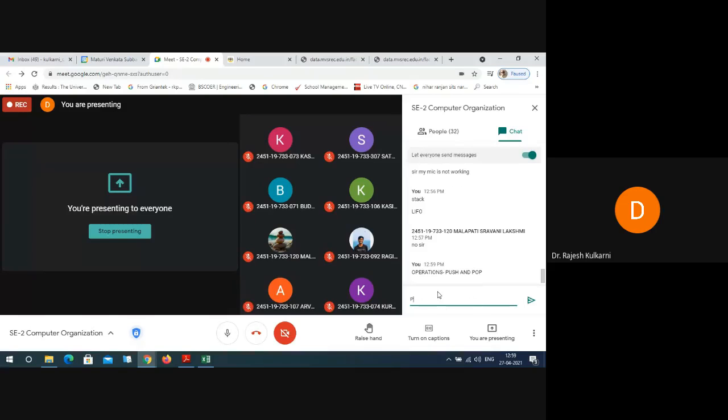What is the meaning of push? Let us understand this with those wedding buffet plates. Push means, suppose there is a stack of plates, you add one more plate.